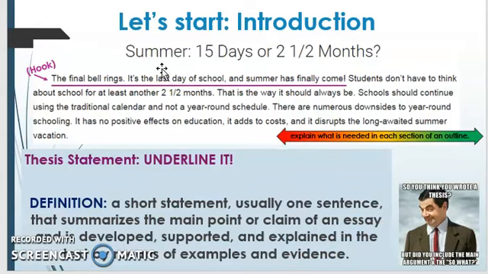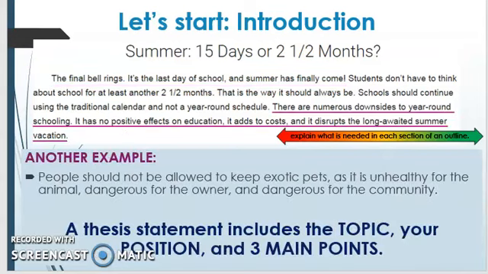So we had that student essay about summer vacation versus year-round schooling. We have our hook right at the first thing. Our hook is always our first sentence. Our thesis statement is a short statement, usually one sentence, that summarizes the main point. And it's supported or explained with 3 main points or 2 main points, depending. Looking at this, when we find it in our introductory paragraph, it's the last sentence of the introduction.